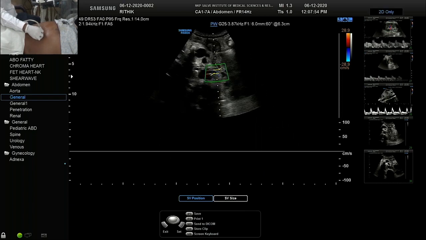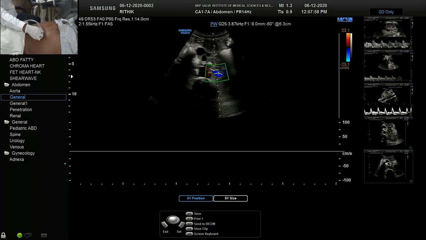We have not seen his kidneys yet, but for demonstration we will do a renal Doppler with this patient.